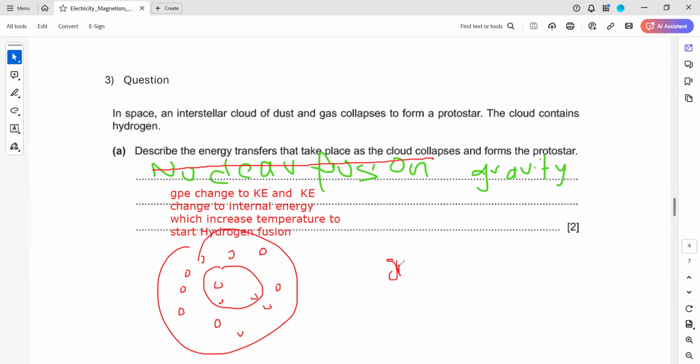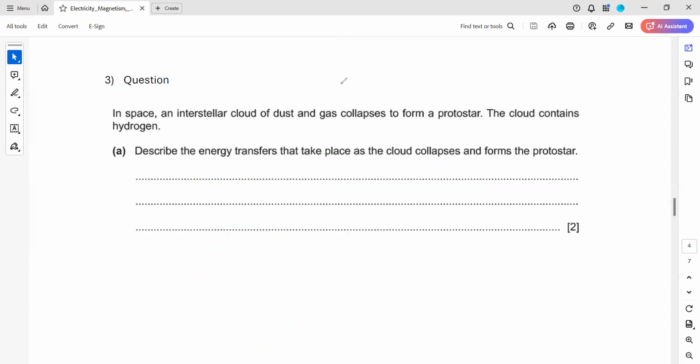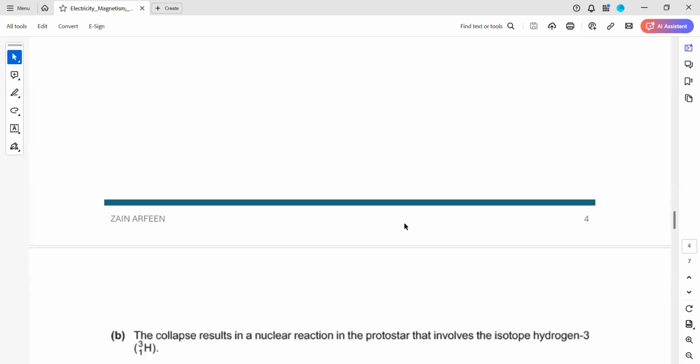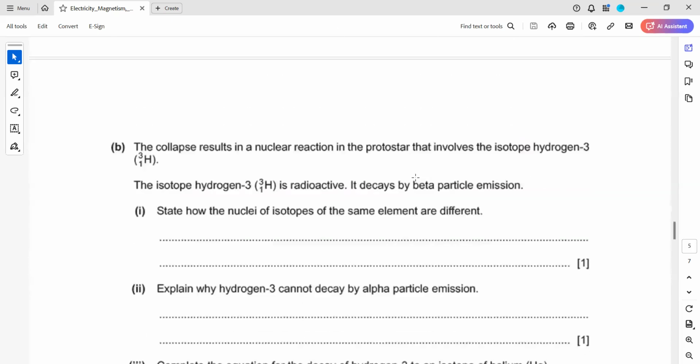Or you can also mention that GPE turns into GPE and KE, and that converts into internal or heat energy. So this is always the case. That's how we explain the cycle of the star, by explaining the energy transformation from gravitational to kinetic. Whenever it collapses, the GPE turns into KE. Then the kinetic energy makes the particles move faster, so as a result of collisions, it will have heat energy as well.